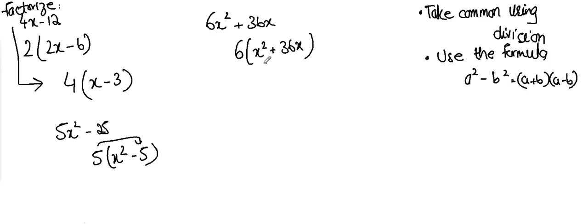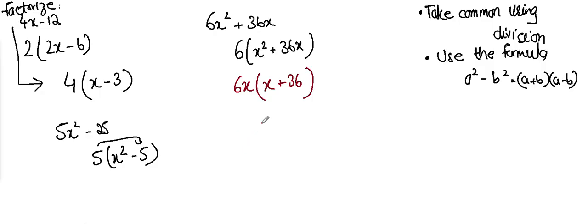Think again. Can we take something else as common? No, we won't take x squared as common, because x squared is not present in both terms. There is only x. Yes, we'll take x as the common one along with 6. So it will be written as 6x times x plus 6, right? Because we have to take the greatest common factor.